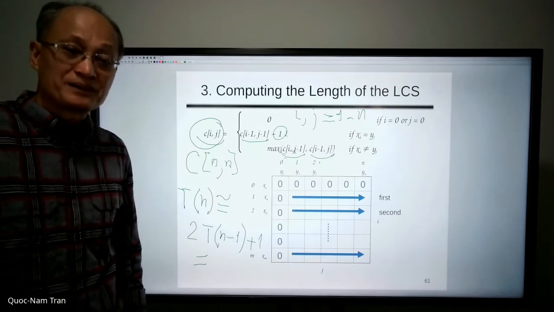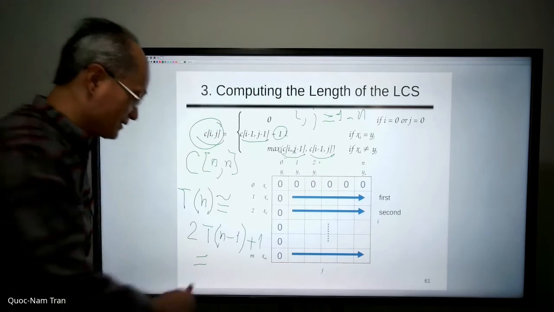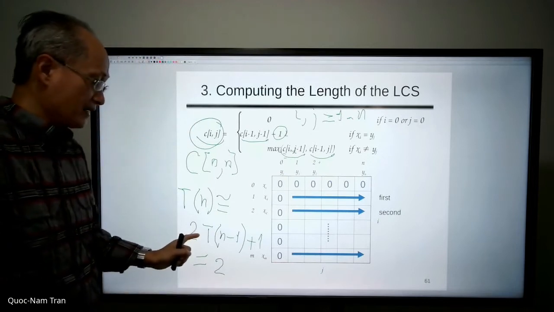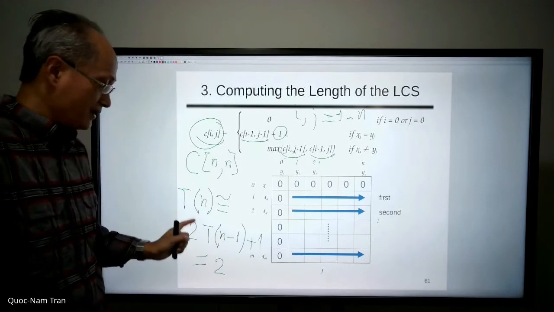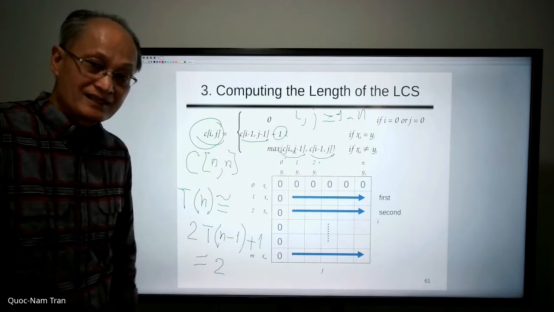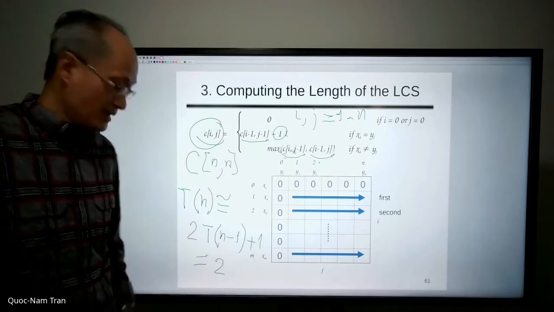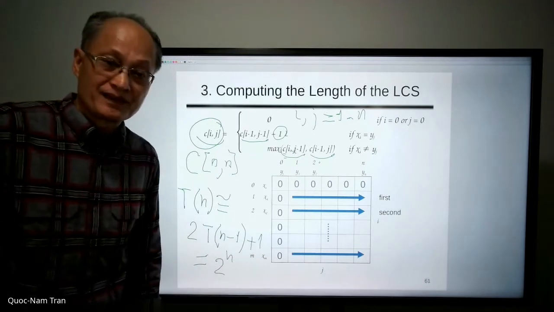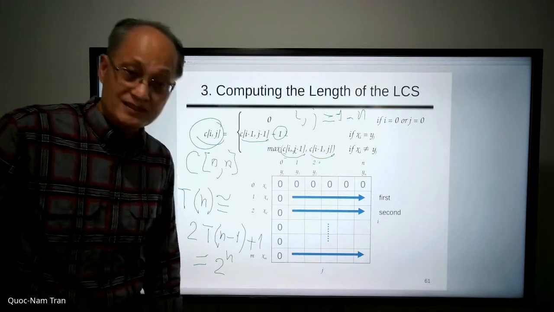Two to the power n. Very good. Because this one is 2 T(n minus 1), 2 squared times T(n minus 2), etc. And you add some extra values, but basically it's still 2 to the power n. It looks like it's still the same as the exhaustive search, right?